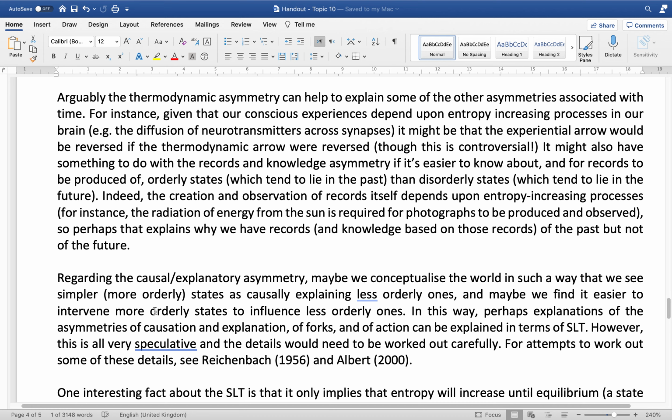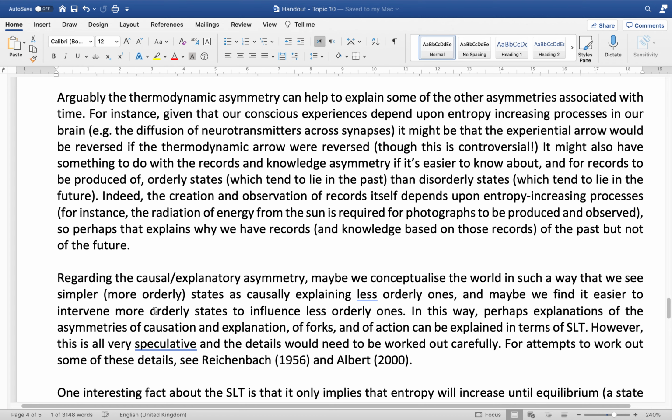And there's a detailed debate on this by people like Reichenbach and Albert and Loewer. So they've tried to make a case that the asymmetry of entropy can explain these other asymmetries that we associate with time, like the asymmetry of knowledge, the asymmetry of records, maybe the asymmetry of influence, and so on.